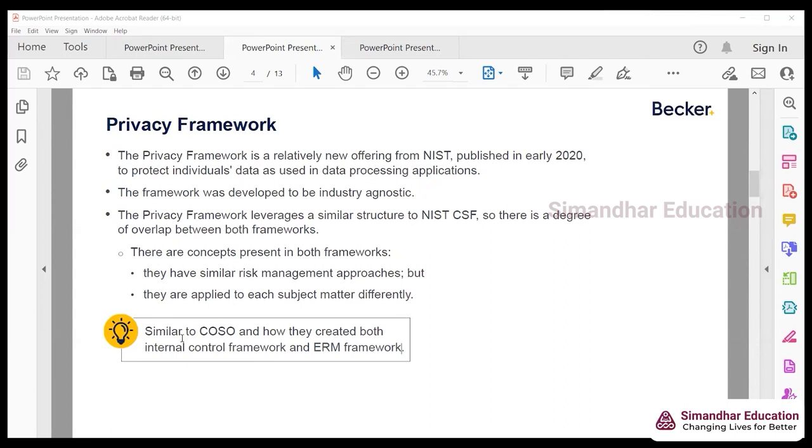When I did CA, back when dinosaurs were alive, COSO and ERM were not in the syllabus. Good, then for you it will be easier. Basically, they already had an internal control framework, COSO, which had a risk management module, but they also created ERM, risk management, separately. Similarly here, a cybersecurity framework is there, but they found that a separate privacy framework is required. That's why they created this.